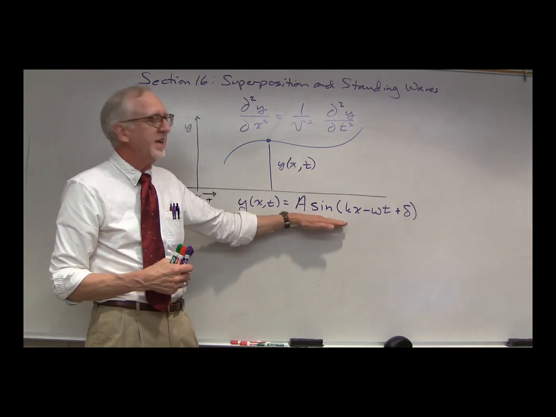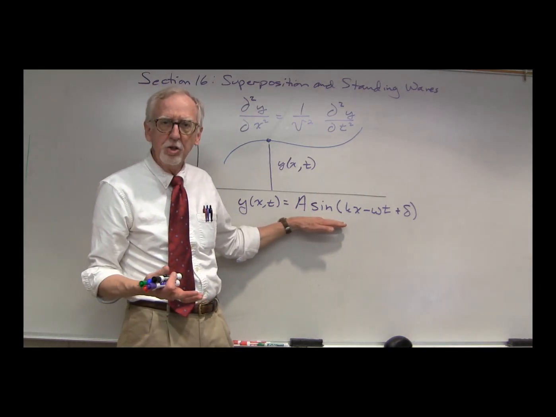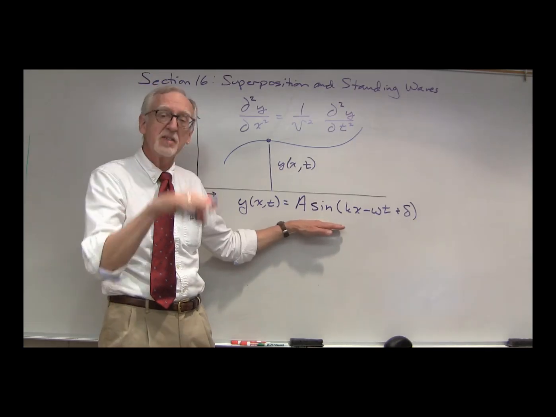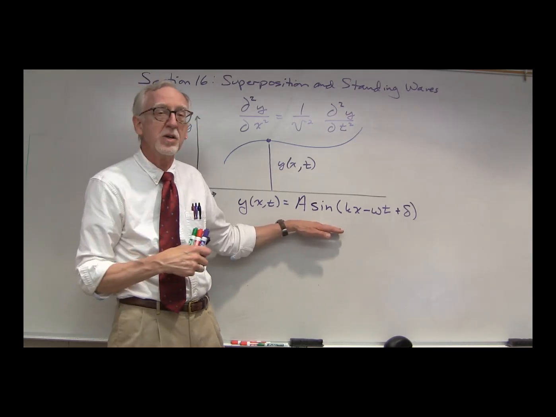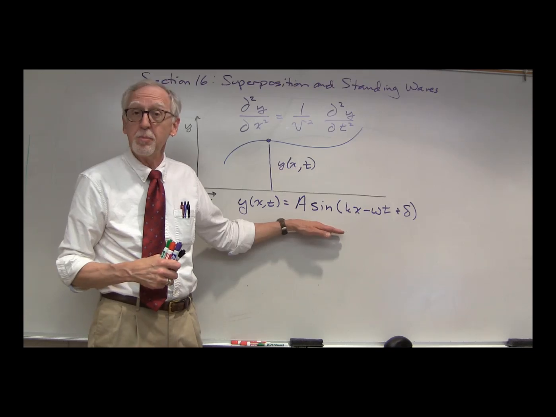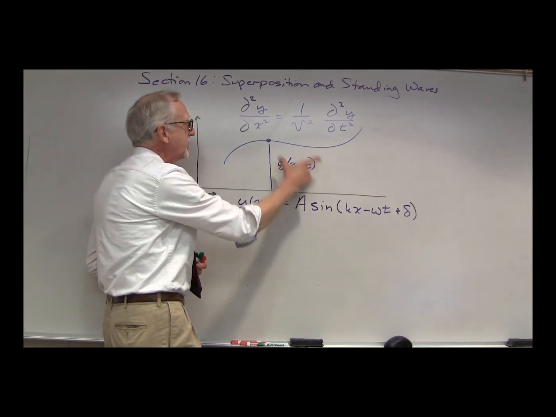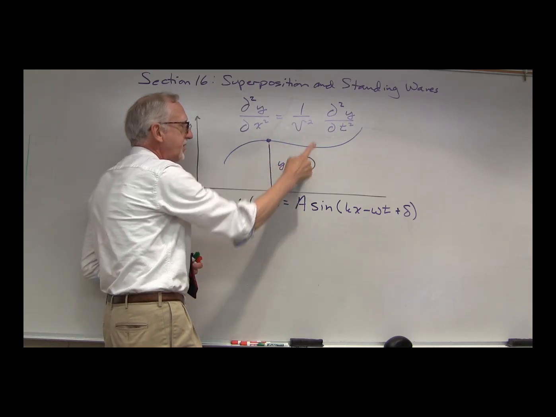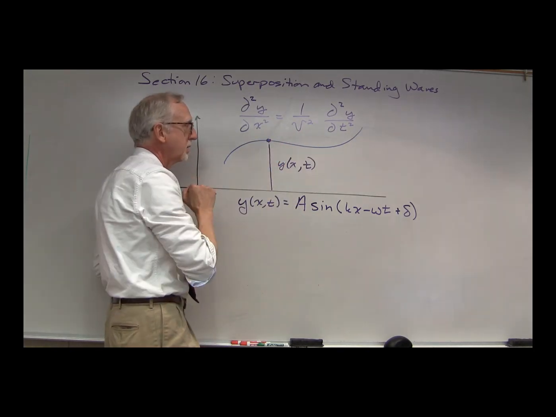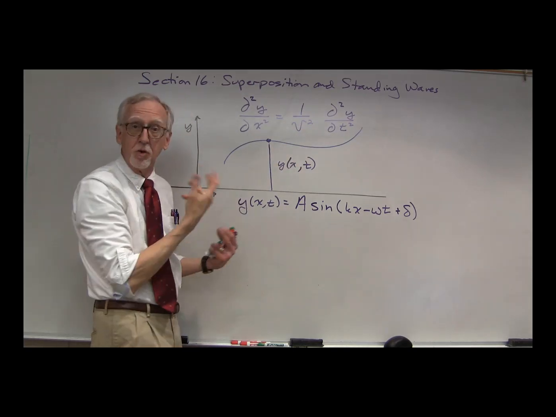This is looking at only a solution that looks like a simple harmonic motion solution, kind of like we did with the simple harmonic oscillator. So what I want to do is take this solution, stick it in here, and verify that this actually solves this result and creates an equality for the partial derivatives.